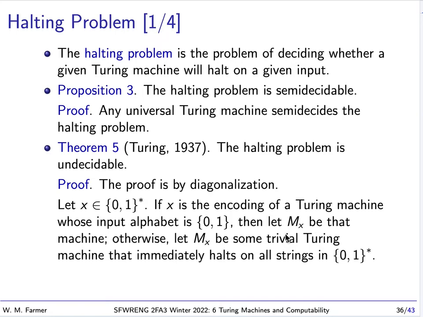And if X is not an encoding of a Turing machine, we're going to let M_X be some trivial Turing machine that immediately halts on all strings over the alphabet 0 and 1. So for every X, every string of zeros and ones, M_X will be a real Turing machine.